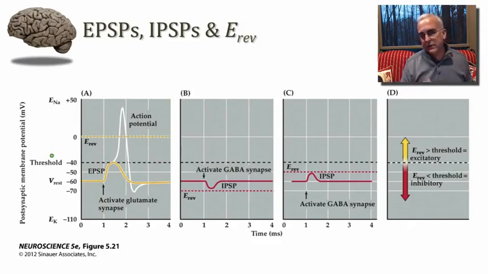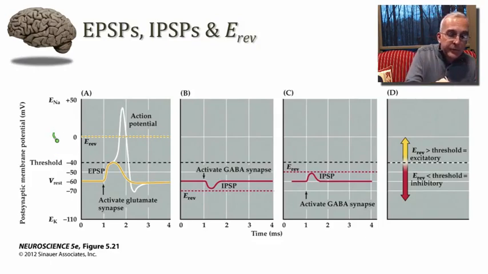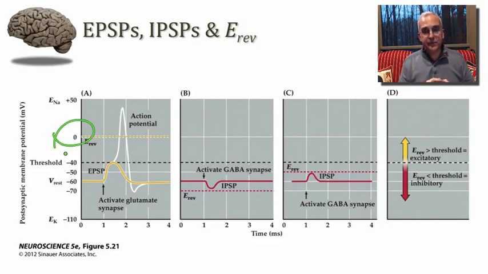Well, what this means is that if this synapse, if this input to this cell from which we are recording, could have its way with that neuron, and pardon me for that language, but I think it helps, that postsynaptic neuron will be depolarized to the reversal potential of that active conductance.